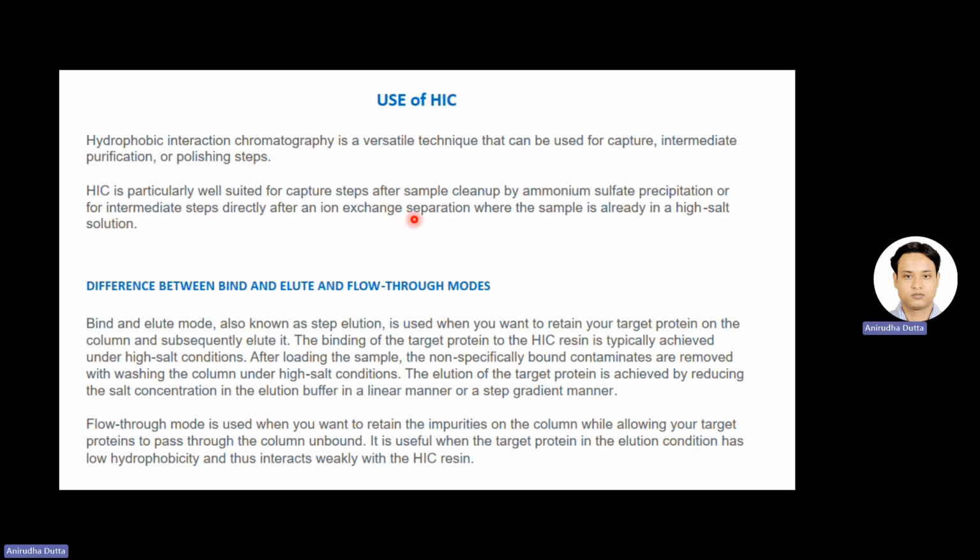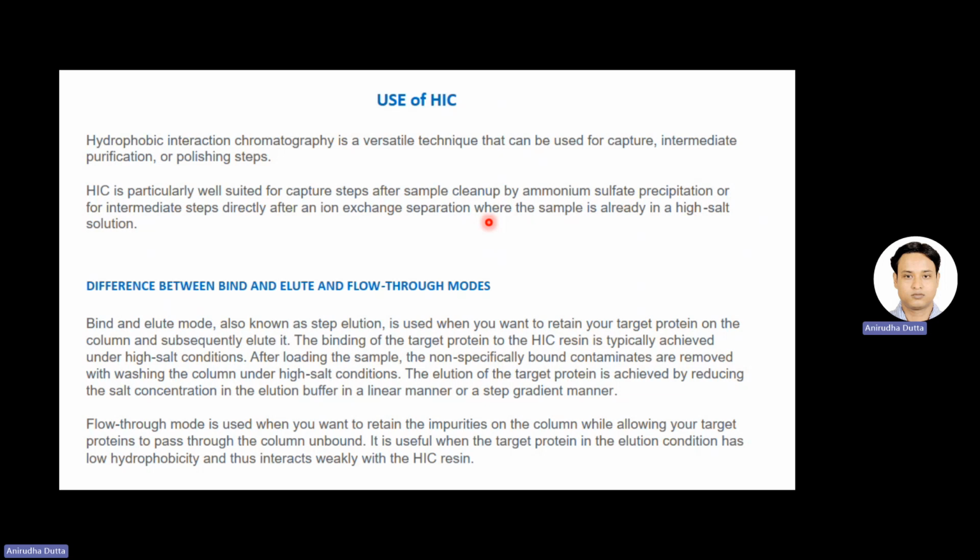We said that if we are using ammonium sulfate precipitation for our capturing, then the obvious next step would be hydrophobic interaction chromatography, because the protein is already in high ammonium sulfate. So that's why it would be advantageous. Sometimes when we do anion exchange or cation exchange, which we have not discussed, the elution is done with a higher concentration of salt, exactly opposite to hydrophobic interaction chromatography.